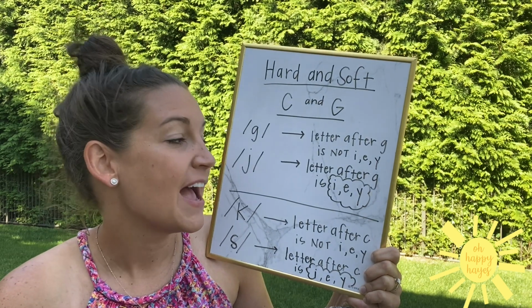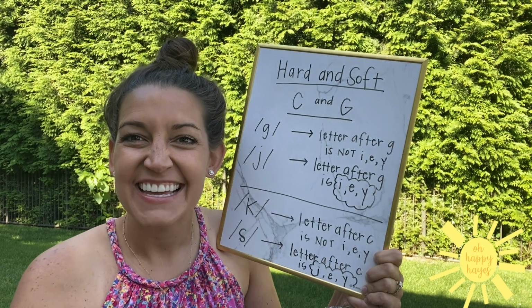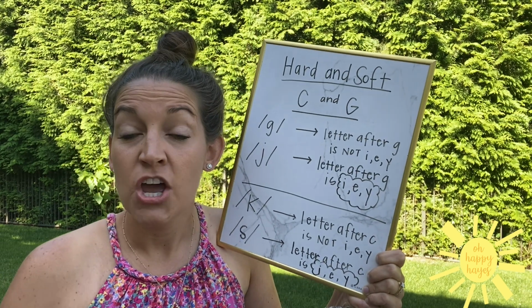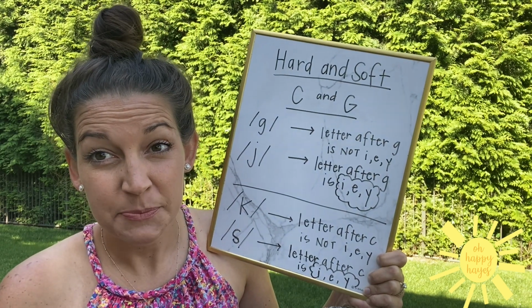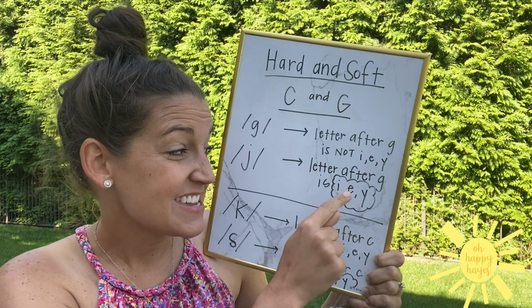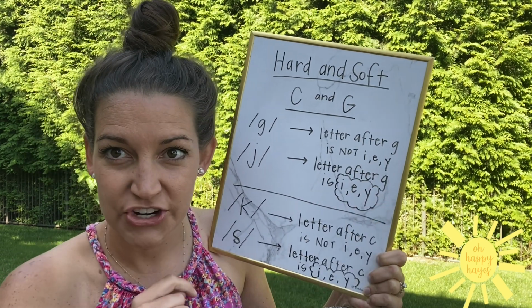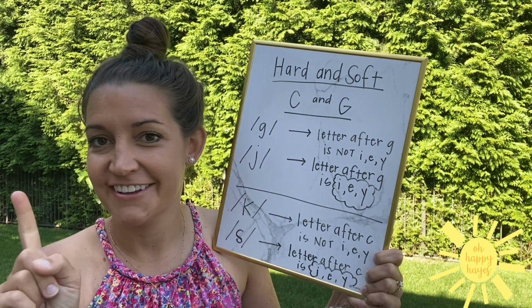Now, the soft G, that sounds like a J, is actually because of 3 other letters. These letters are I, E, and Y. You say it, I, E, and Y. You need to be on the lookout for these 3 letters. Because if I, E, or Y come after the G in a word, it's gonna make the J sound, not the G sound.